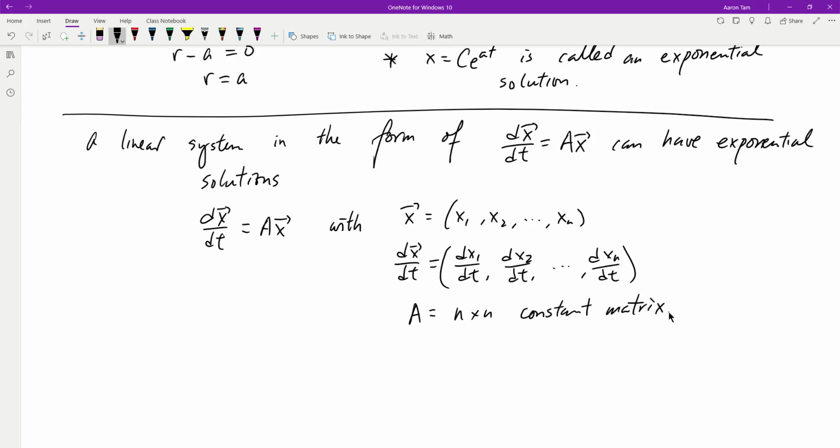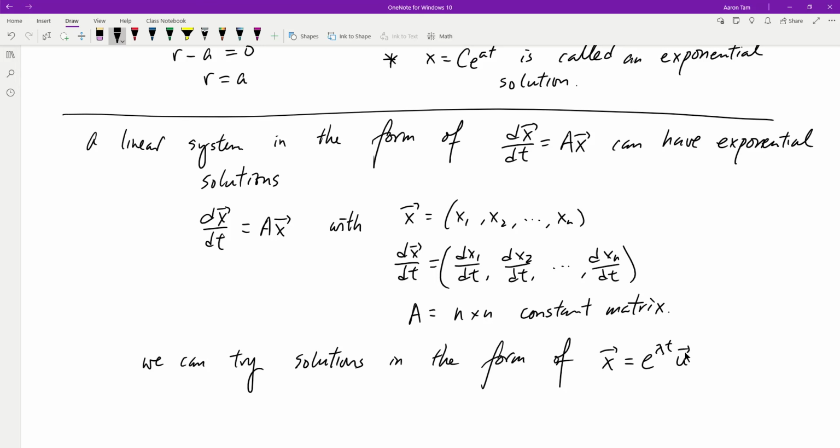Now we can try solutions in the form of vector x equal to e to the lambda t times vector u.